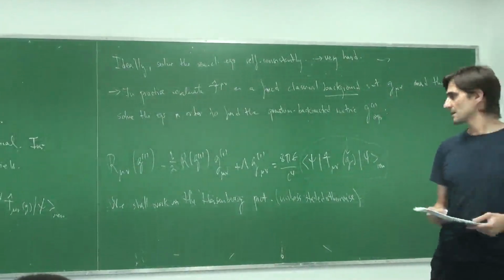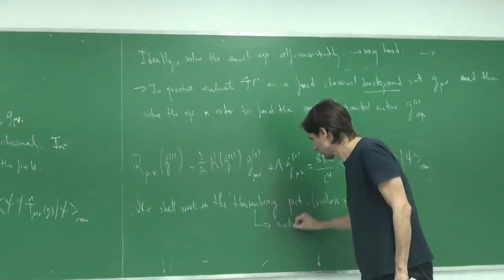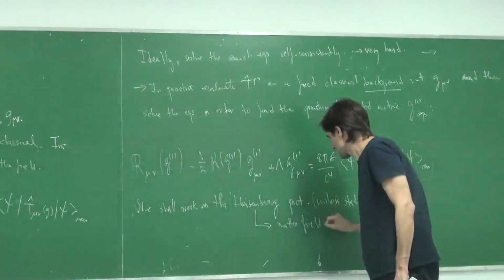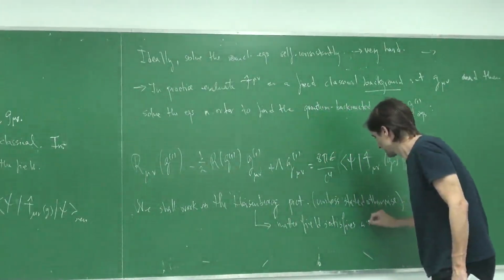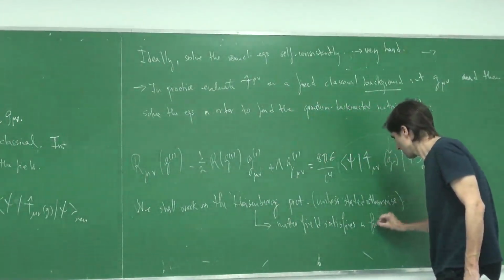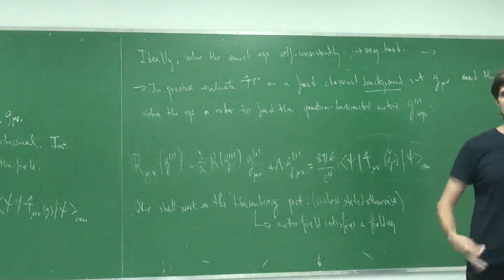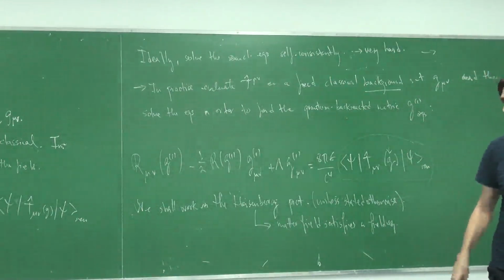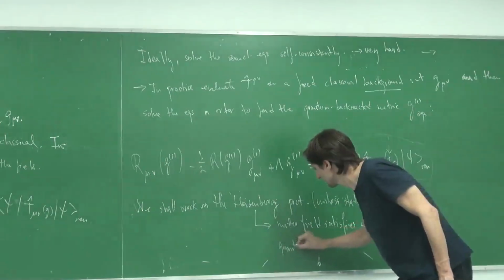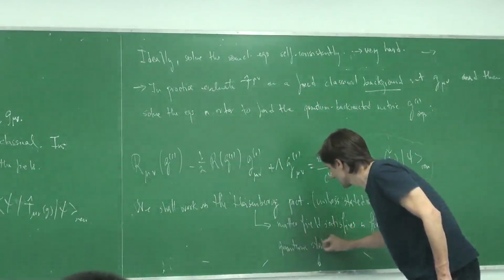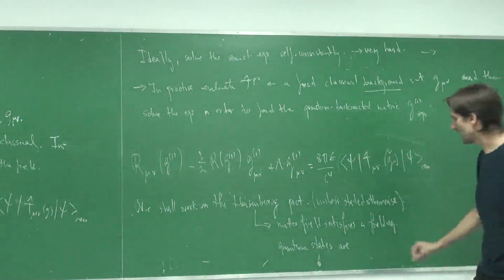What this means is that the matter field satisfies a wave field equation, and it also means that the quantum state is just fixed, it does not evolve, so the quantum states are not time dependent.